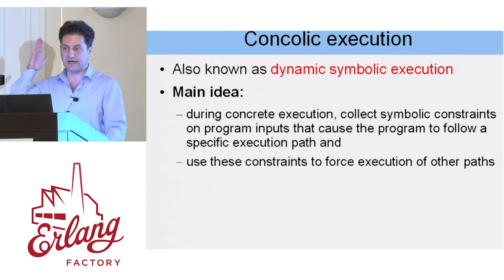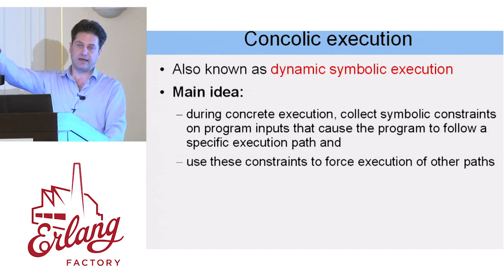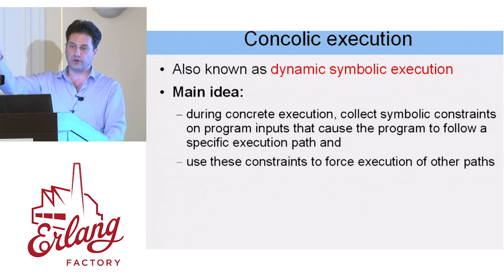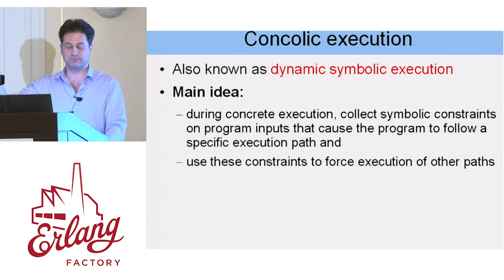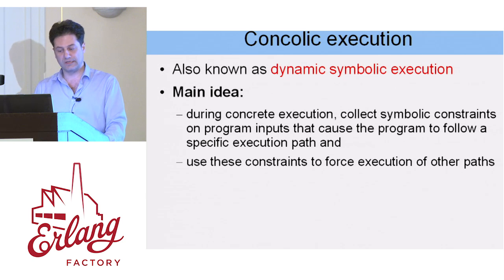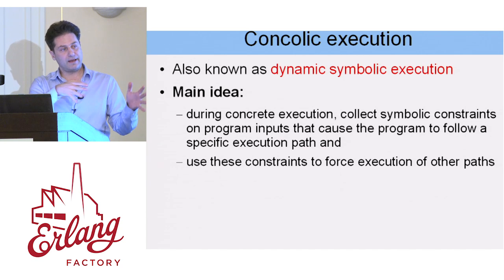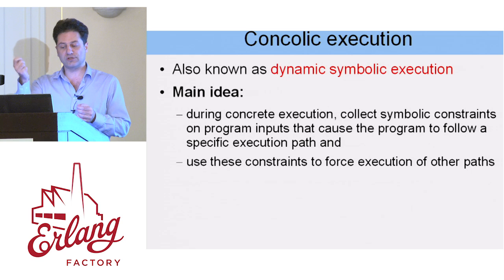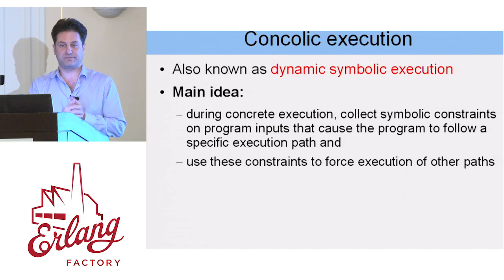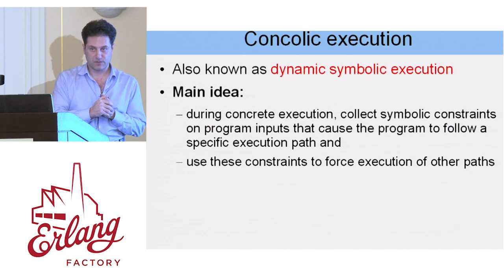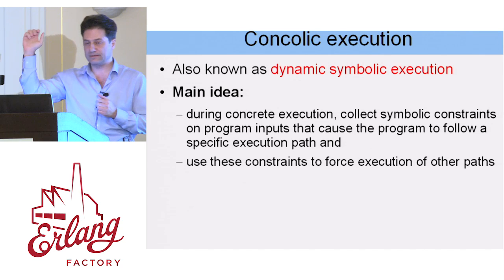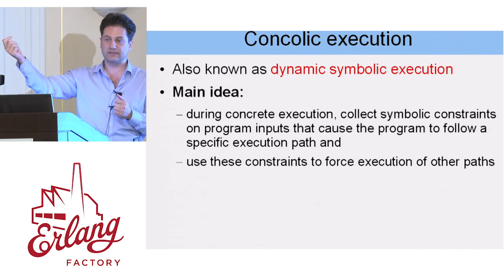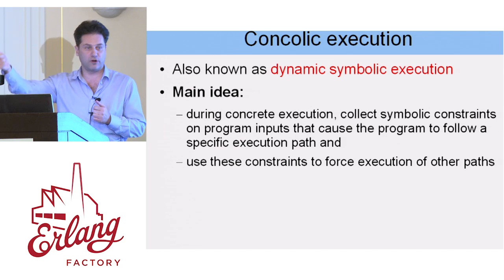The idea is we start with a concrete execution, and while we are doing the concrete execution, we collect symbolic constraints on the program inputs that cause the program to follow a particular execution path. Then we use these constraints, negating one at a time, to force the execution to go down other paths. By negating these constraints systematically, we will eventually explore all the paths.